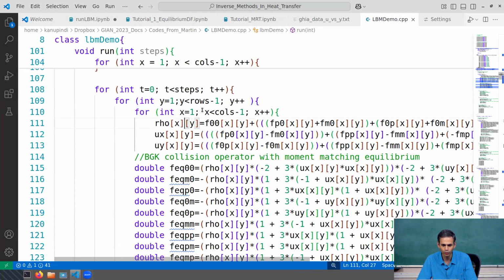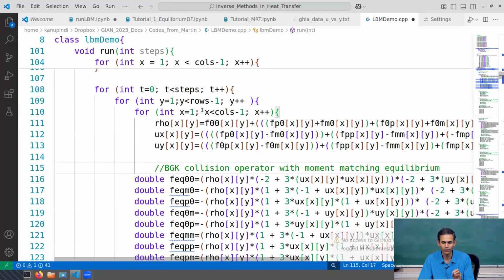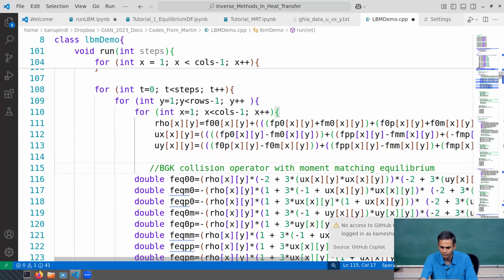Within that, as you know, in lattice-Boltzmann you have two main operations. One is the streaming, the other one is the collision, right? So we will look at the collision operator that is written out here.